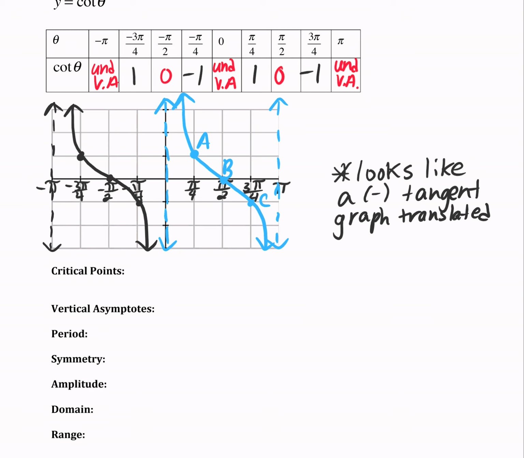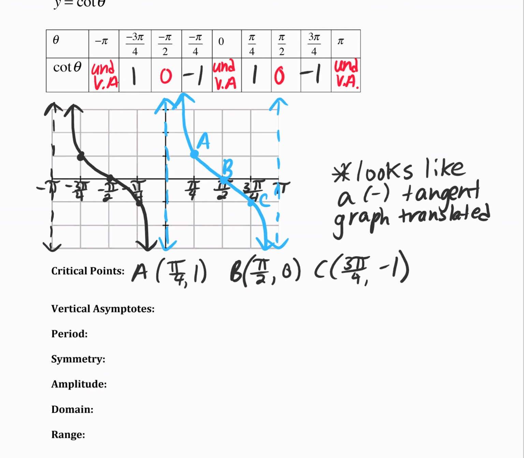Now our critical points are going to be pi over 4, 1, pi over 2, 0, and 3 pi over 4, negative 1.